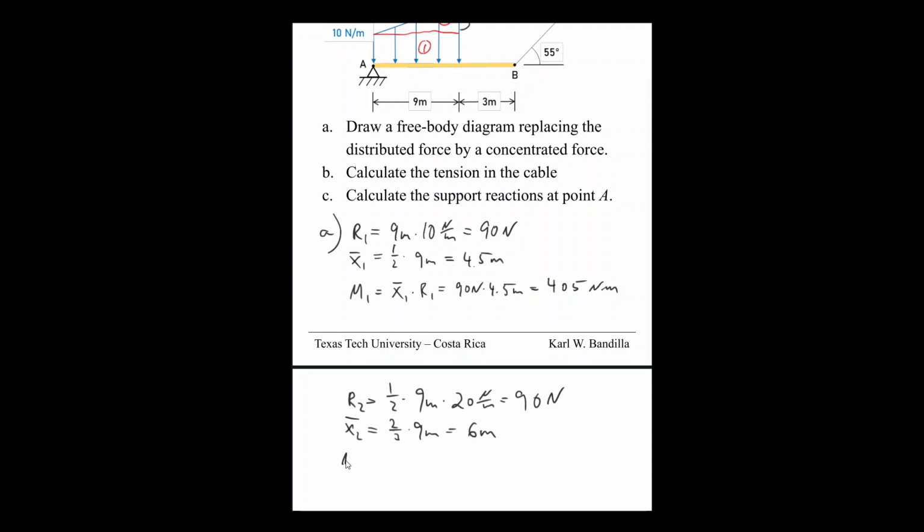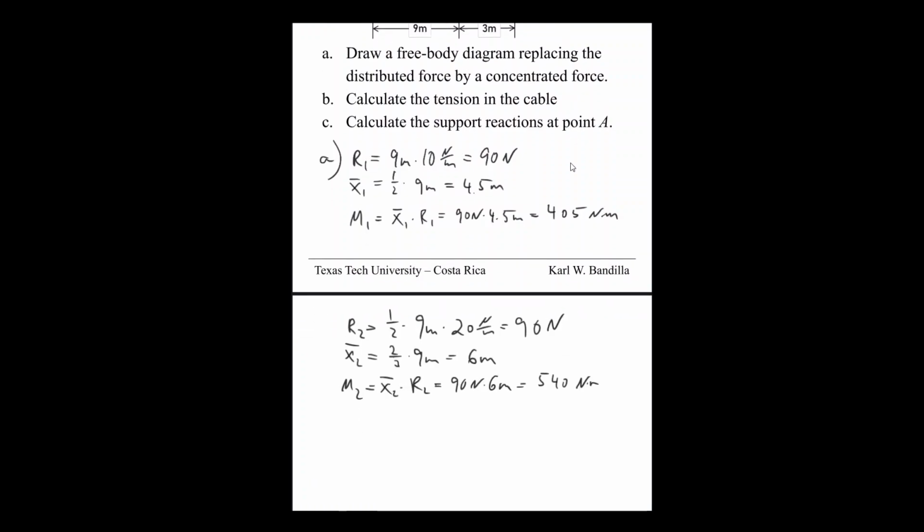And then our M2 is X2 bar times R2. So that will be 90 newton times 6 meters. That'd be 540 Newton meters. All right, 6 times 9 is 54. Yeah, sounds about right.